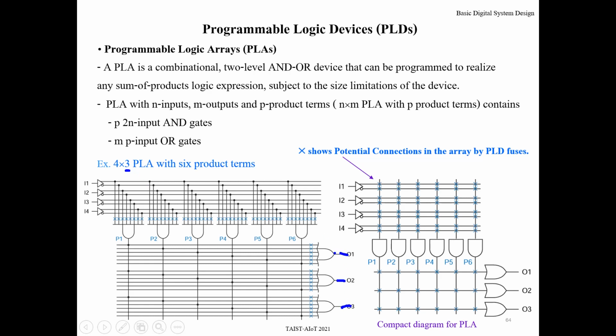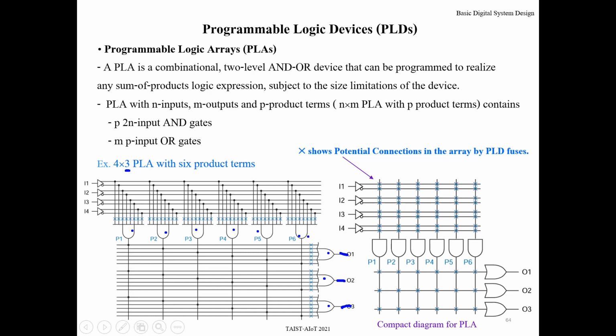That means you have 3 OR gates. And the number of AND gates here is 6.